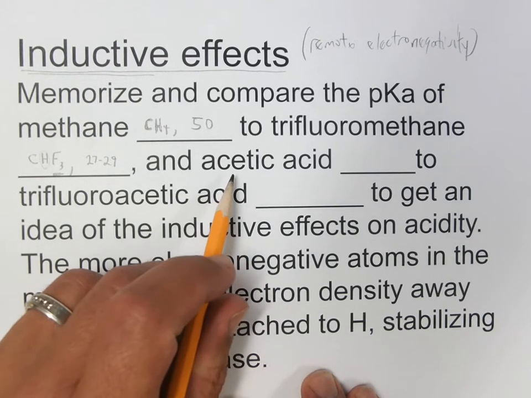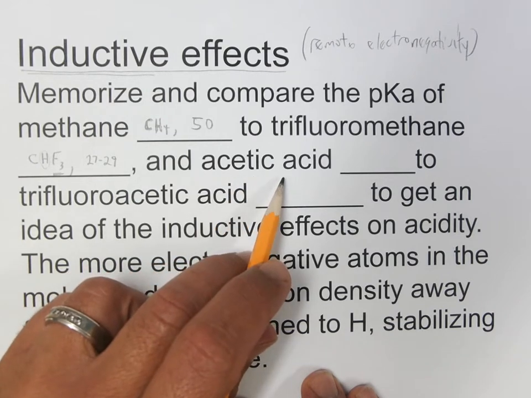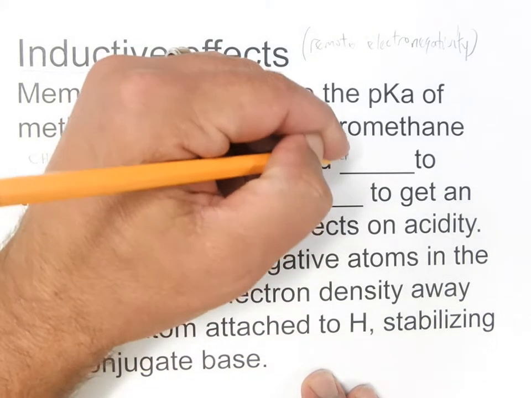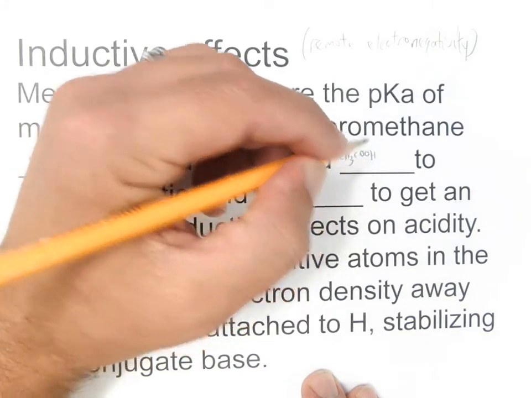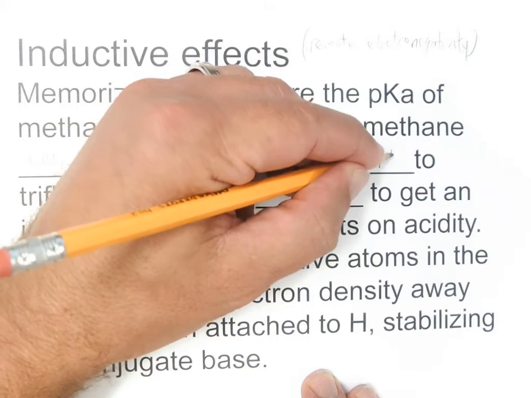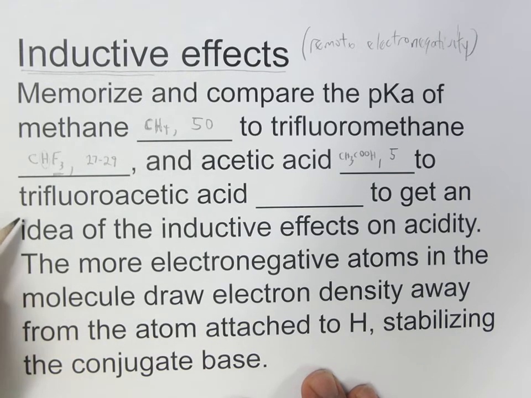And so acetic acid, ethanoic acid, a very common acid, CH3COOH, and we can look at its structure, has a pKa of about 5 to round it to a whole number, 4.74 if you want a more exact number.